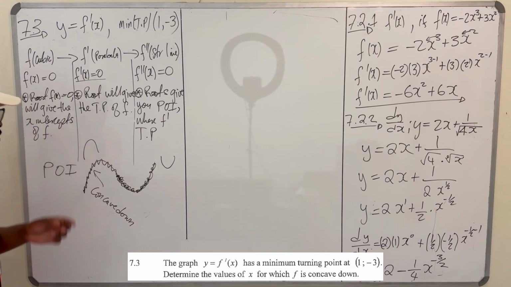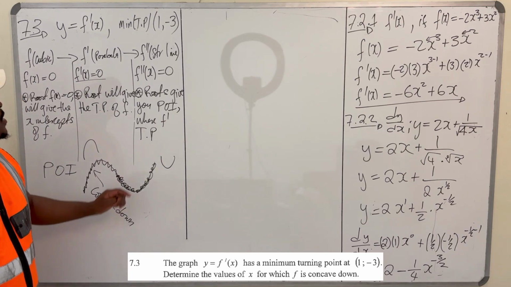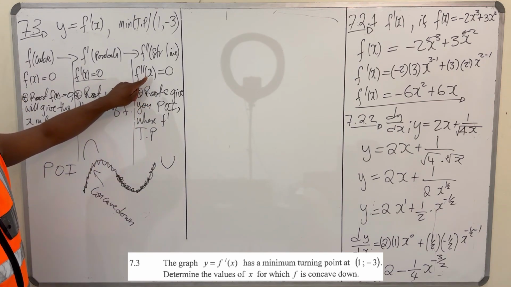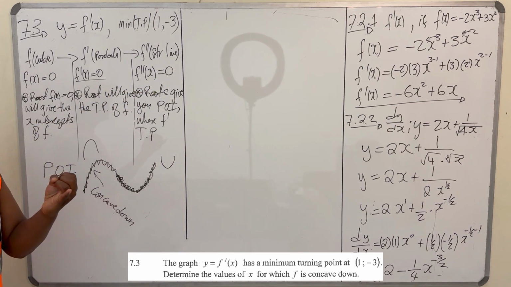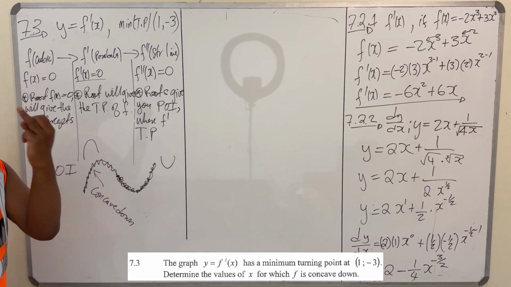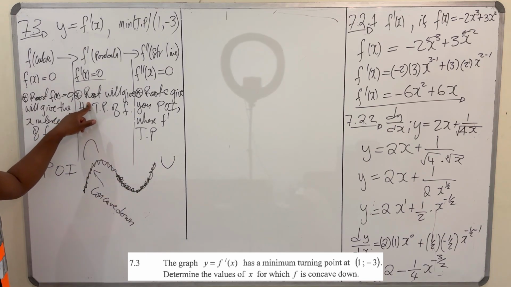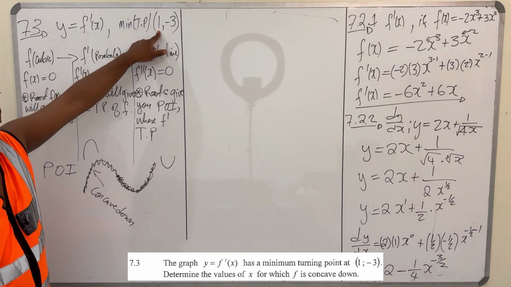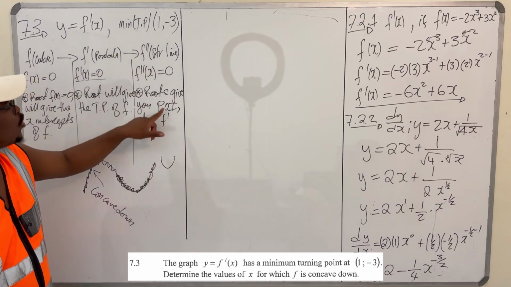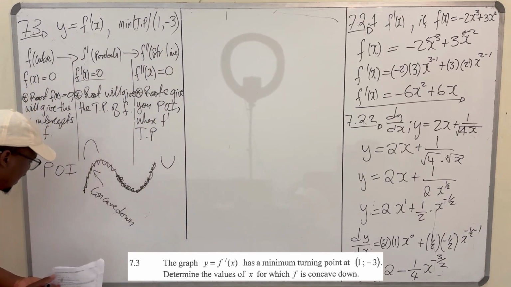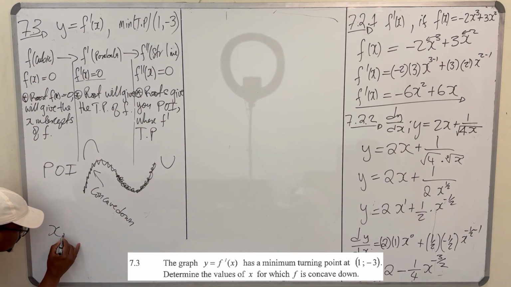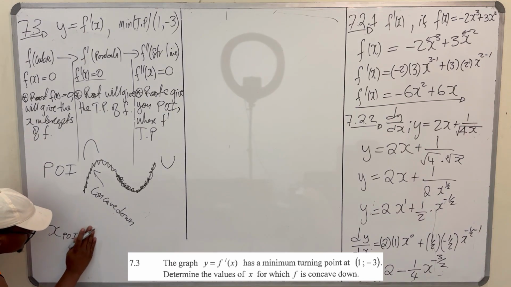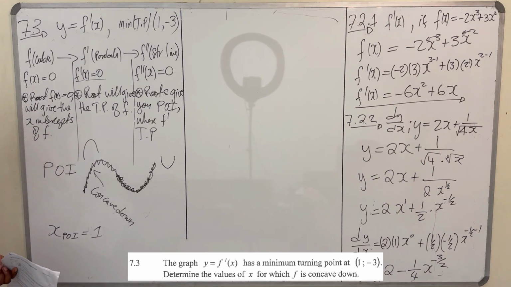That's the x values that we're looking for. Right? No problem. So the roots of the second derivative give you the point of inflection and the x-coordinate of the turning point of this one. So we know the x-coordinate of the turning point of f prime is 1. That x-coordinate is also the point of inflection. So at x equal to 1, we have the point of inflection. Why am I saying this?